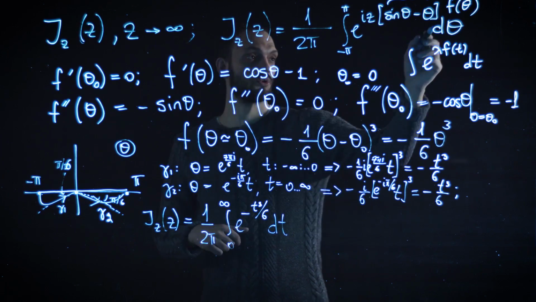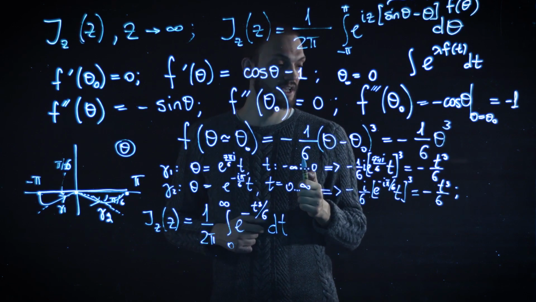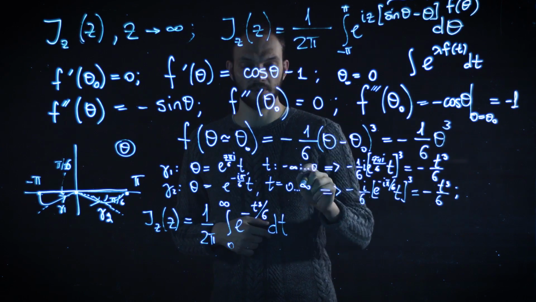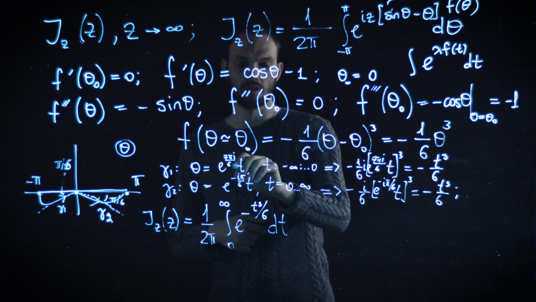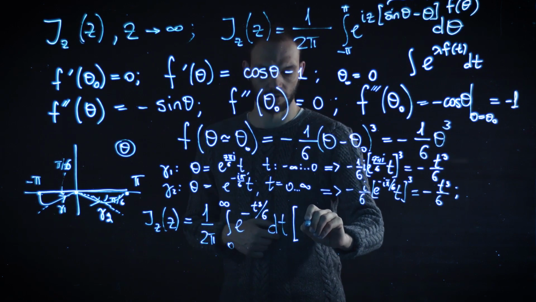And there is also a factor which arises from the fact that there are two contributions, each of them coming with certain phase factors appearing from the change of the variable. And these phase factors are as follows.